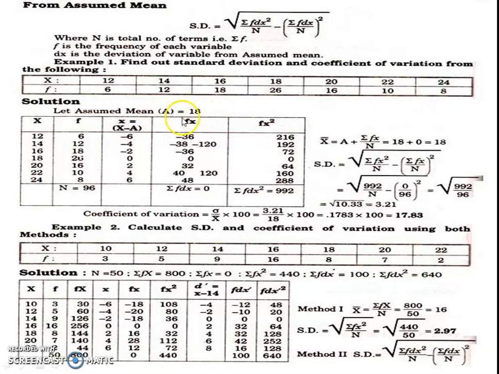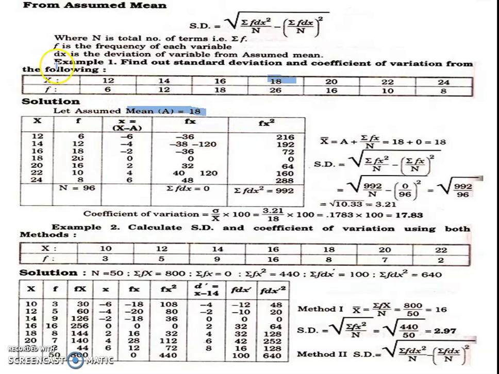Now we take the assumed mean as 18, because squaring these values is very lengthy and involves high multiplication. So the assumed mean is 18.